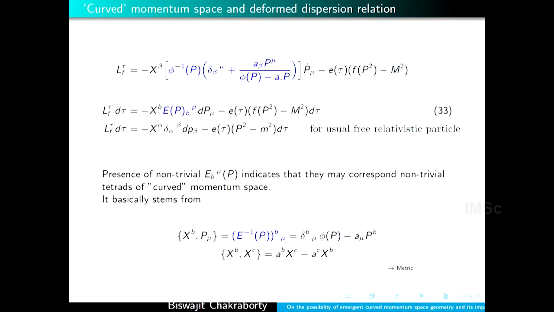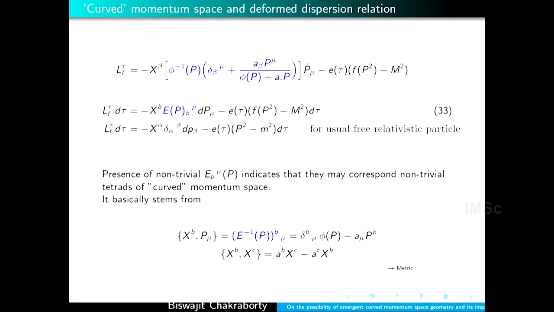So you see now the Lagrangian I can write down. If you compare with the flat space Lagrangian, one form so to say, which I have written in the equation below 33, where you have delta alpha with the Kronecker delta occurring, but here you now have what is shown in the blue color, E P B mu, which is actually this phi inverse P times delta beta mu plus this quantity, whatever is in blue.